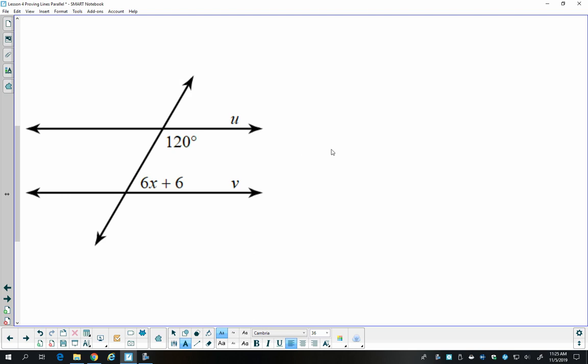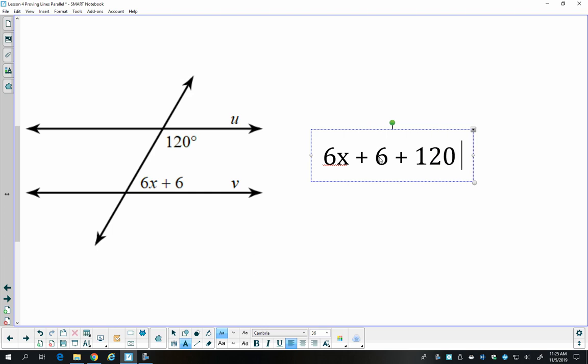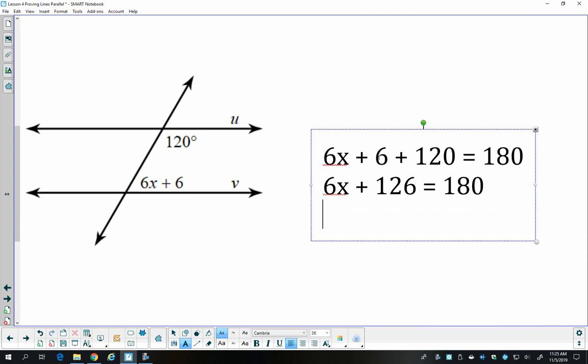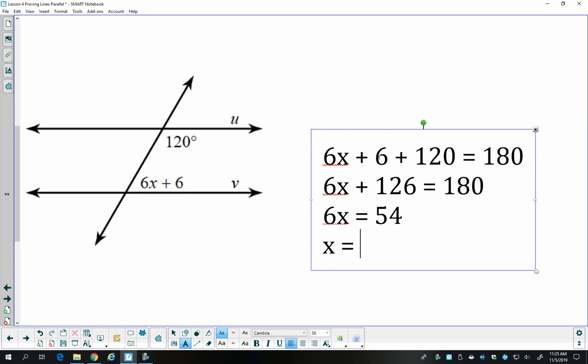Here I have same side interior, so in order for my lines to be parallel, these need to add to 180. So I'll add them up and say they're equal to 180. I'll combine like terms. Subtract 126 from both sides. And then divide by 6 and get that x is 9. So when x is 9, these two angles will add to 180, and U and V will be parallel lines.